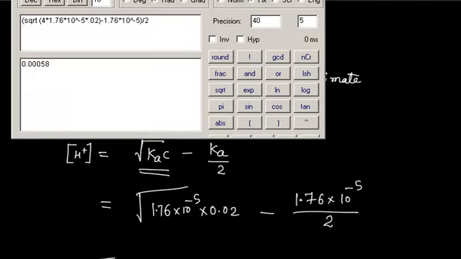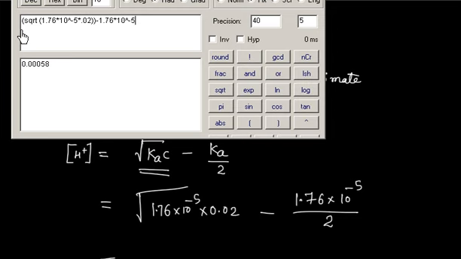So I have a square root of 1.76 into 10 raised to the power minus 5 into 0.02, and this whole with a minus sign 1.76 into 10 raised to the power minus 5, and divided by 2.